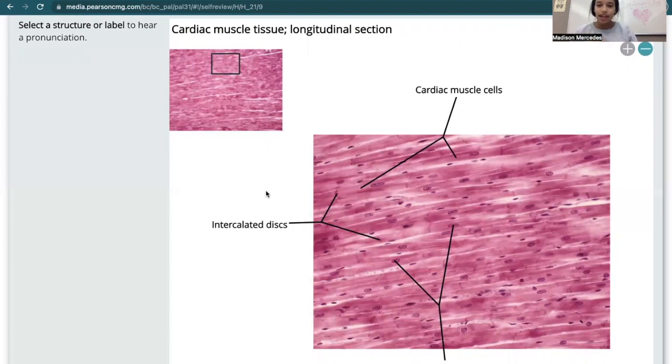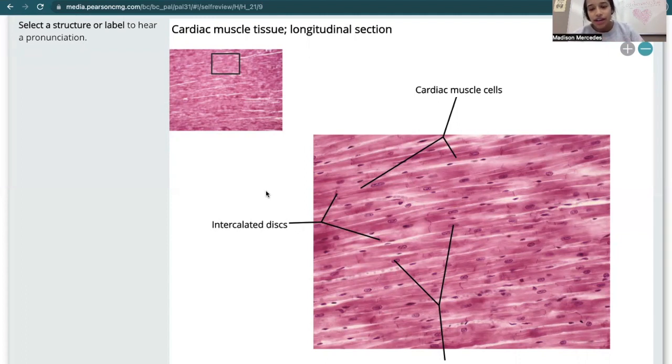All of this is basically containing myofilaments. That's what all these proteins are. There's mainly actin and myosin, and it's semi-striated because of the myofilaments inside of it.